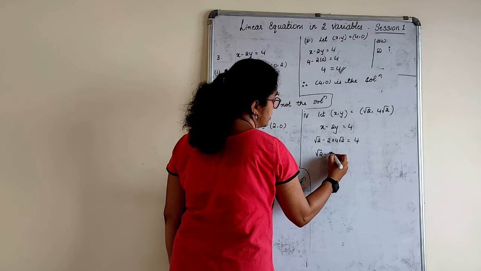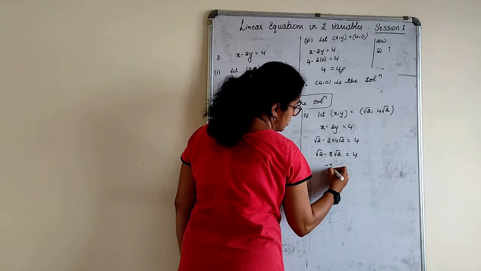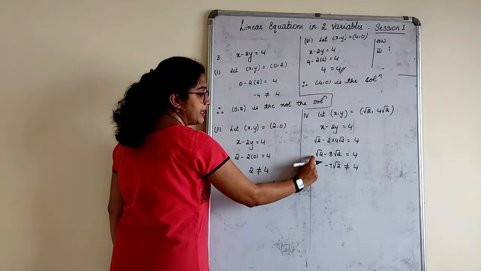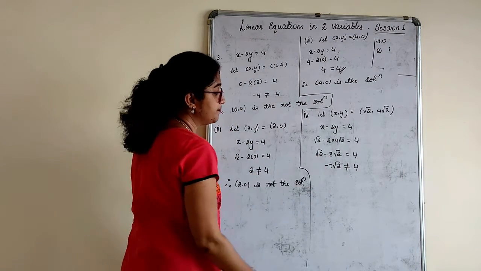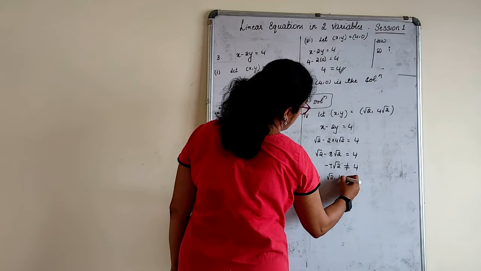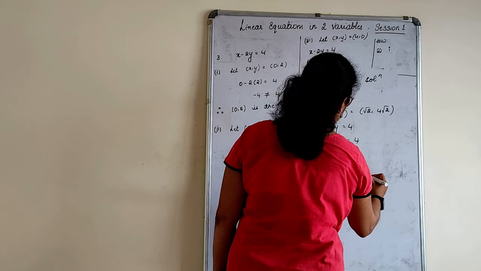Root 2 minus 8 root 2 should be equal to 4. This is minus 7 root 2, not equal to 4. How minus 7? 1 minus 8. Therefore, root 2 comma 4 root 2 is not the solution.